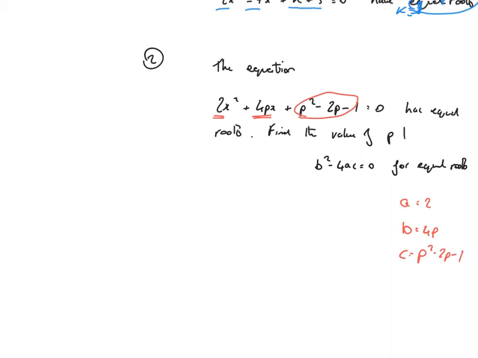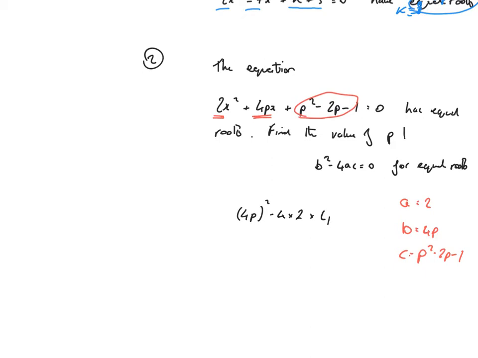Okay, now let's start to sub this stuff in. So for b squared, it's going to be 4p. I need to wrap a bracket around that to show that I'm squaring the full thing. So 4p all squared minus 4 times a, which is 2, times c.